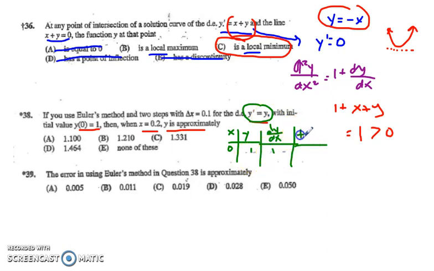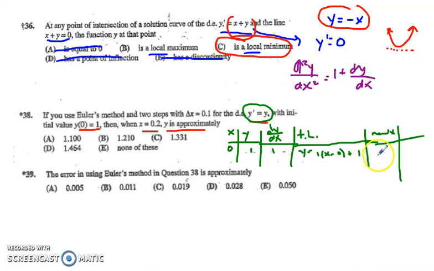So then I need a tangent line equation, which is going to be y equals the slope times x minus the x value plus the y value. Then when I plug my new x value into the tangent line equation, I'm going to get out 1 times 0.1, so that's just going to be 0.1 plus 1.